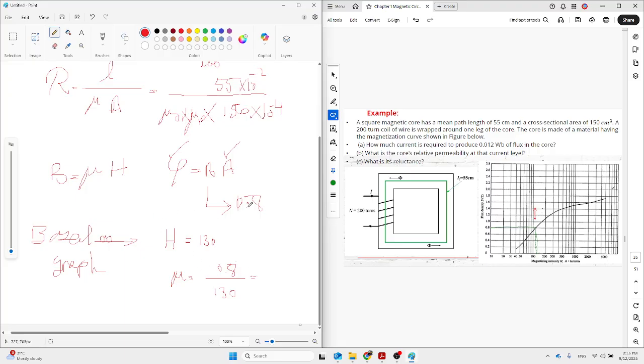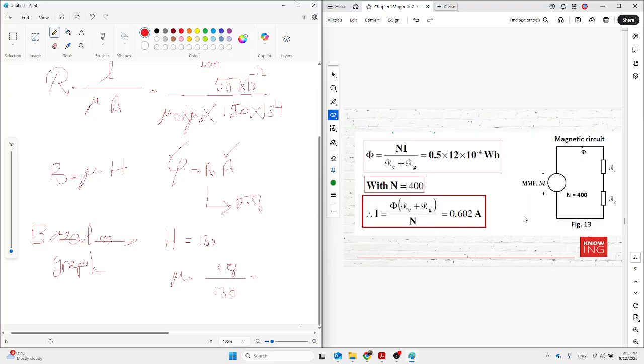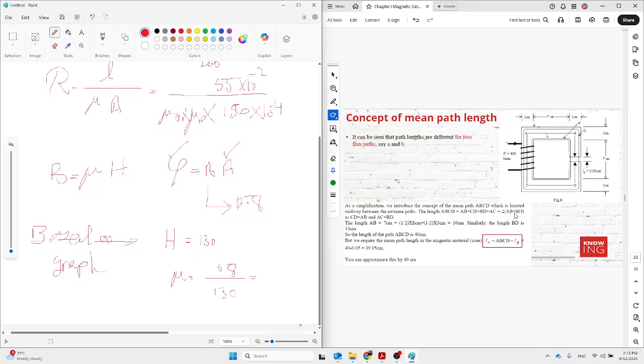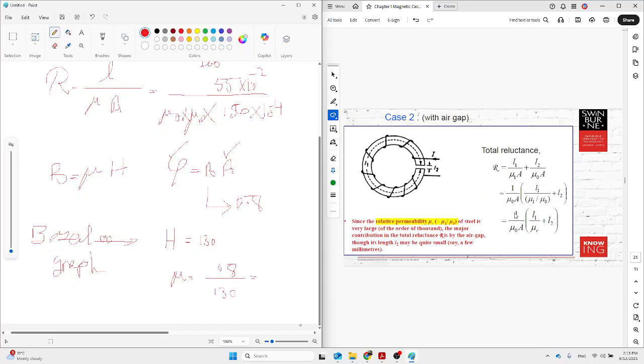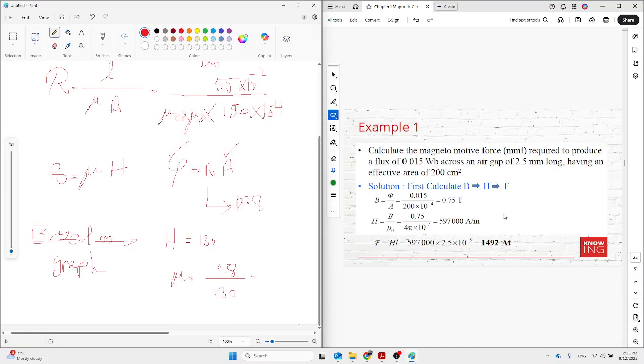Am I placing this value correctly? B equals mu H, correct? Then H is B over mu, and I think it's correct. Right now the mu is very small for me.